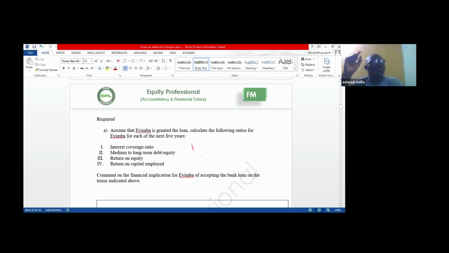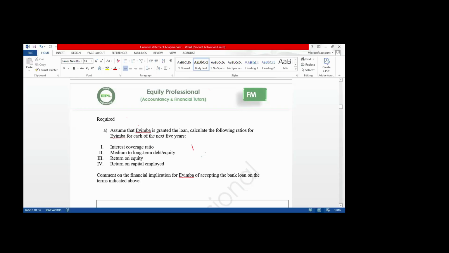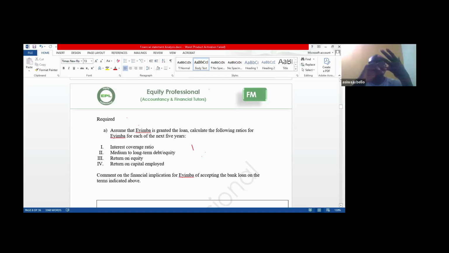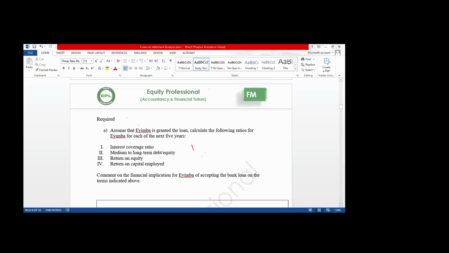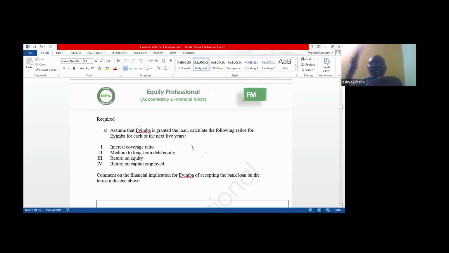Before we can compute, we need to look at the impact of the loan on the company's financials: the impact of this loan and the expansion on the income statements, and on the statement of financial position. Then we can now calculate the ratios.